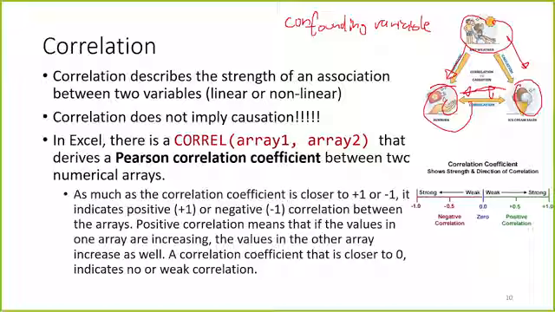Okay. So, but some pairs of variables actually have cause and effect. For example, if I take the number of hours studying at home and the test score, you will find that they go along together.